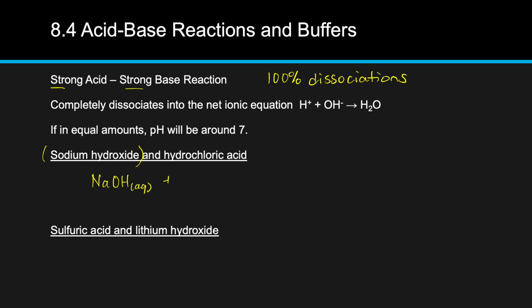Same with a strong acid like HCl. When we dissolve that in water, we'll no longer have molecules of HCl. We'll have H plus and Cl minus. Now, because all of our strong acids start with hydrogen and all of our strong bases end with hydroxide, when those ions break apart and we have OH minus and H plus, those are going to form water.